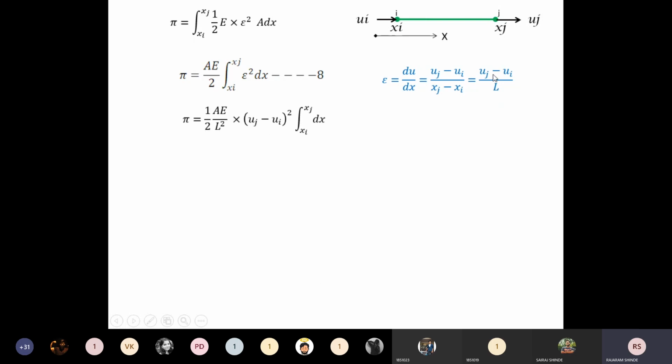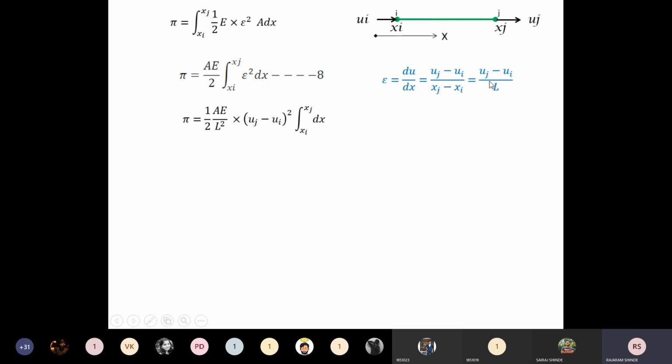And strain we can write as du by dx, that is uj minus ui divided by xj minus xi, that is uj minus ui divided by L. Now uj and ui, these are the nodal displacements. And strain square is uj minus ui divided by L, the whole square.